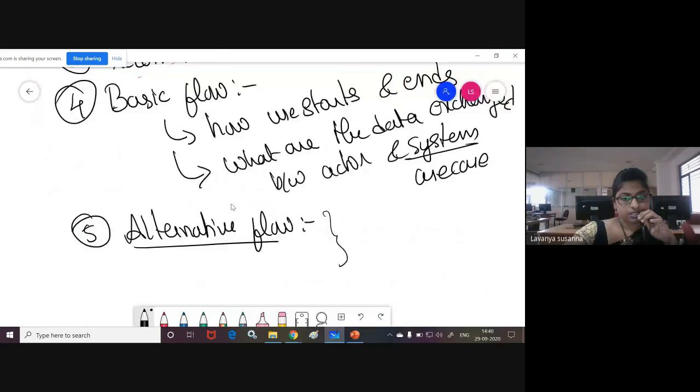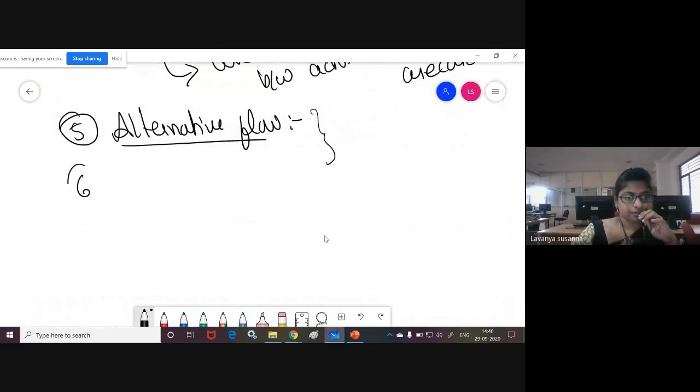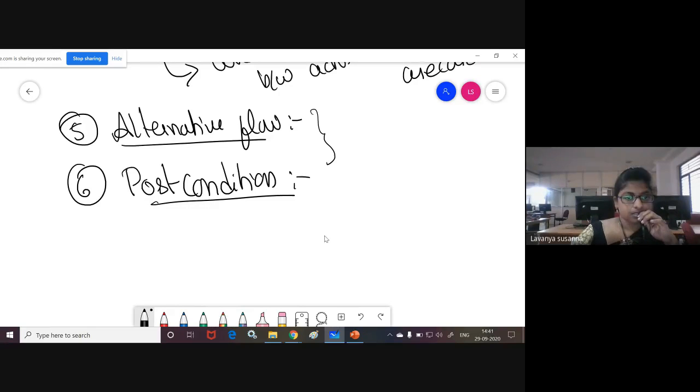Next, the sixth one, post condition. See, the name itself says post. A post condition is a condition which is executed or met after the use case has completed. After the use case is executed, there will be some condition to be met, and you need to represent that here.